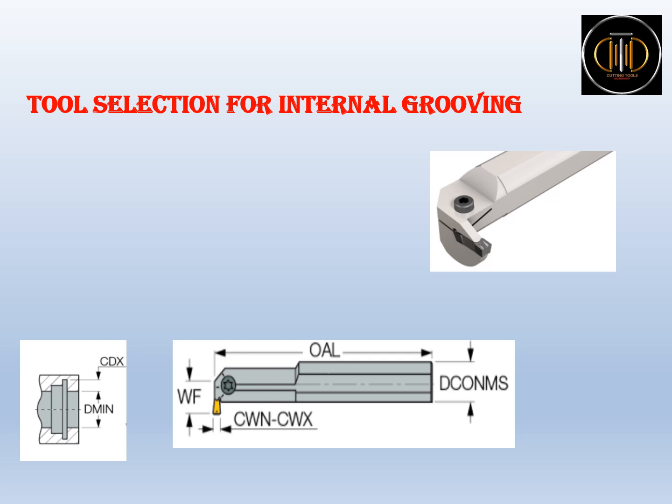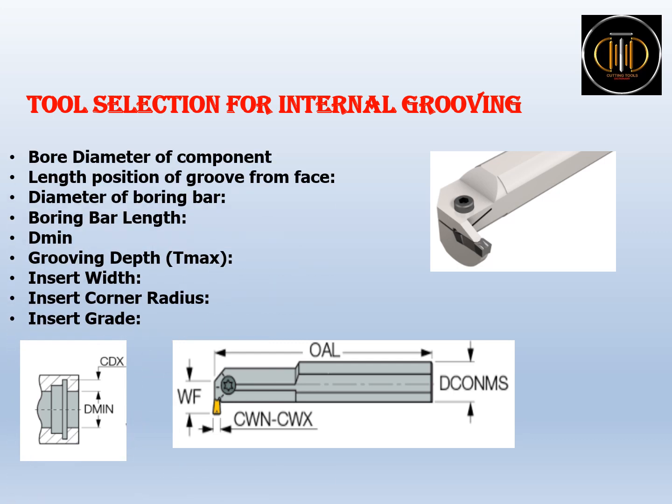Tool selection for internal grooving. Here again we need the bore diameter of the component. This is for internal grooving, not face grooving. Bore diameter of the component. Length position of the groove from the face: what is the distance of the groove from the outer face of the component?